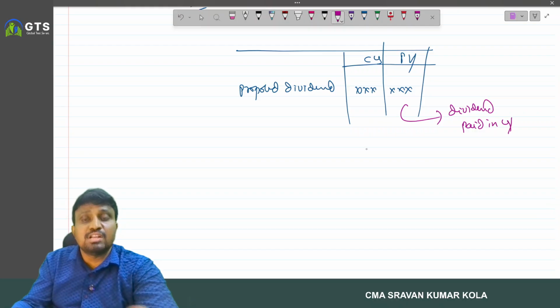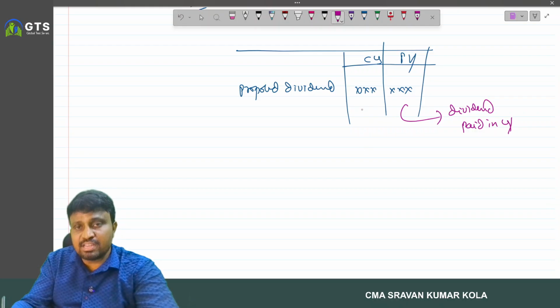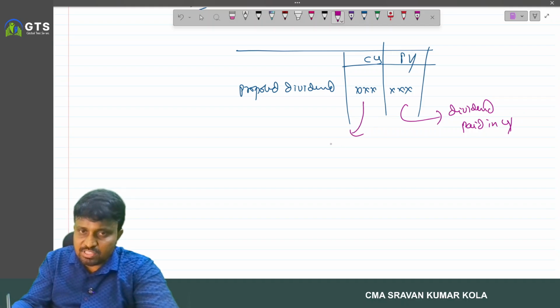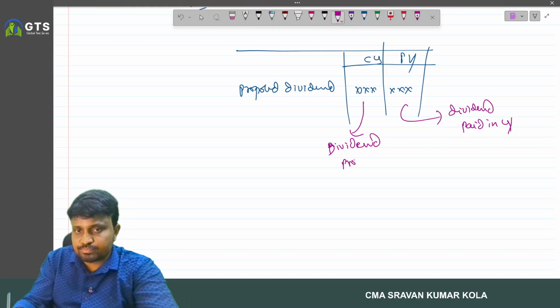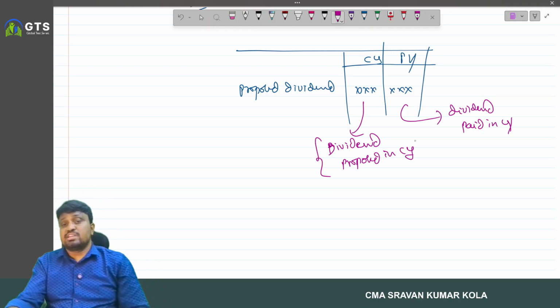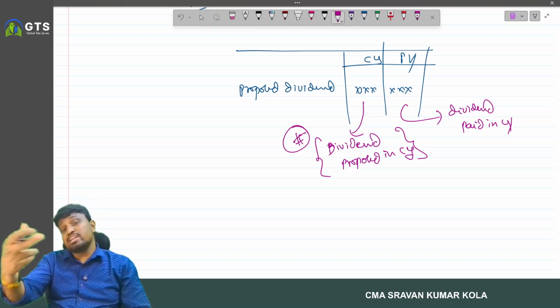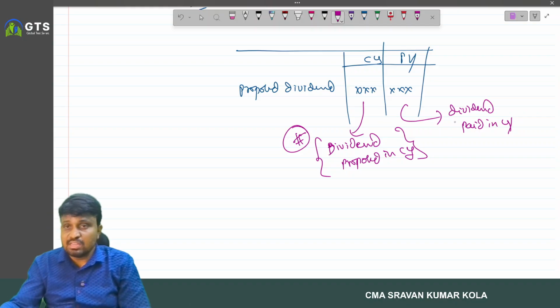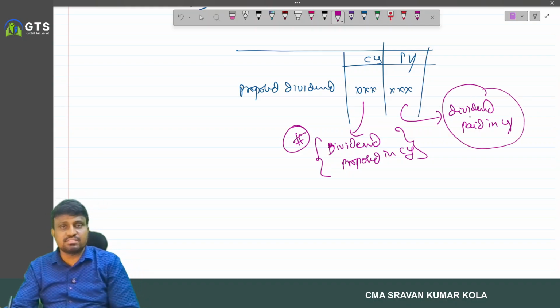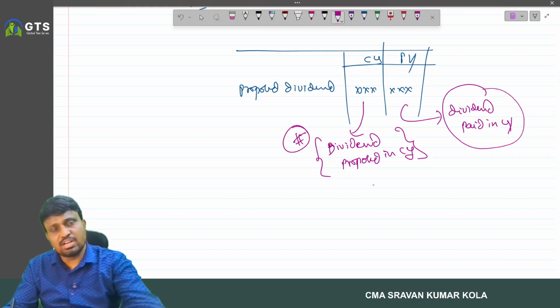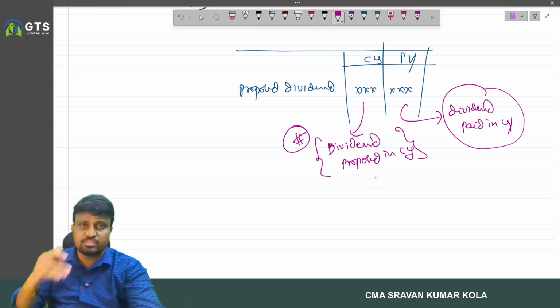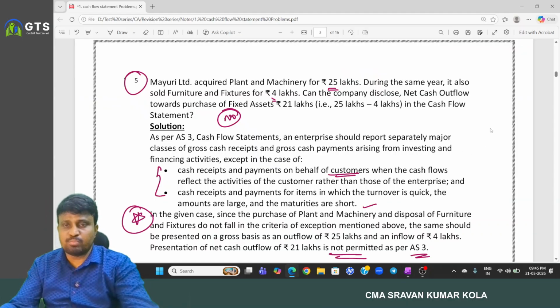Whatever dividend relates to the last year is assumed to be paid in the current year, and the current year amount is treated as dividend proposed in the current year. It means in the indirect method, while calculating profit before tax, this will be added to the net profit if we want. This is considered a financing activity. These are the small things we have to remember while preparing the cash flow statement. Then, coming to the problems.